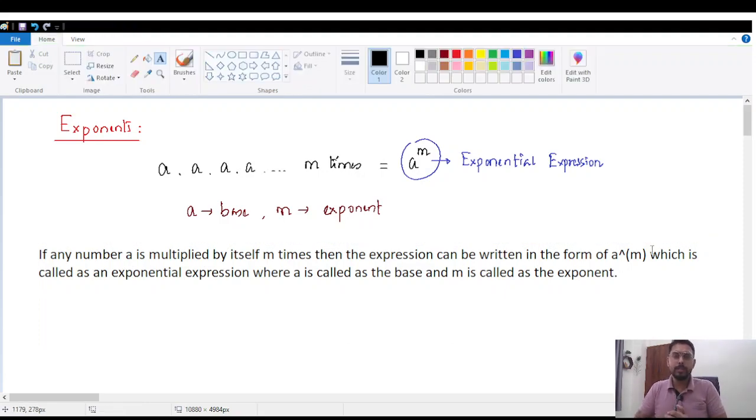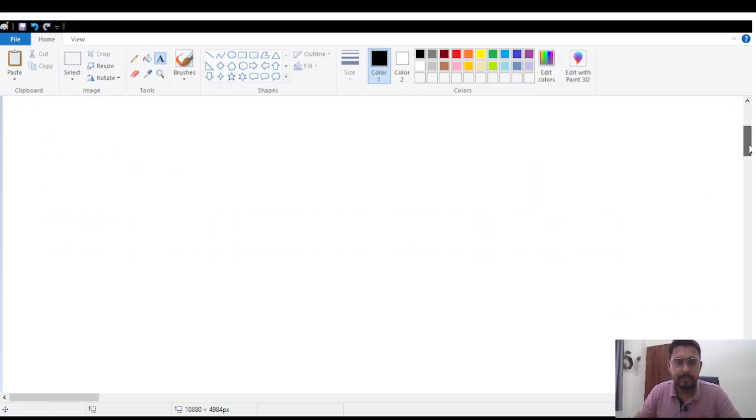Now after this, let us talk about the different laws of exponents. The first law of exponents is known as the product law or the product rule. What do we mean by the product rule?